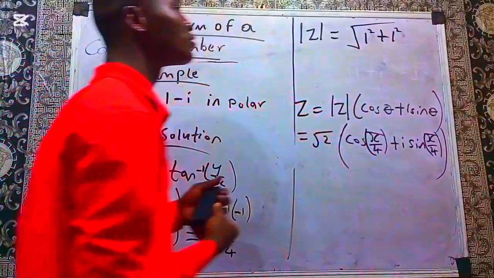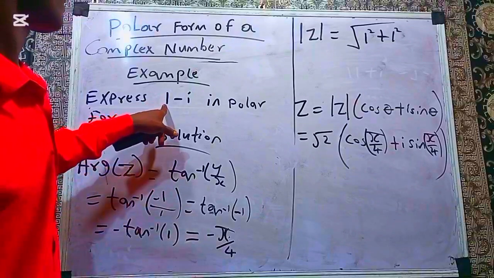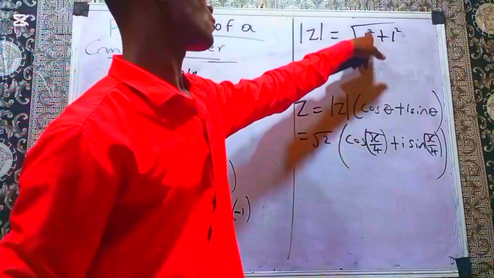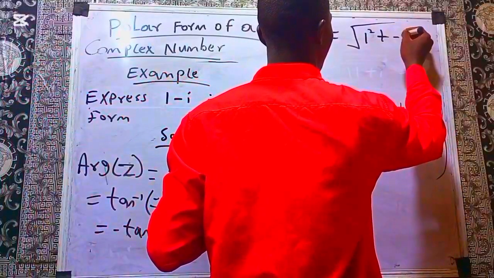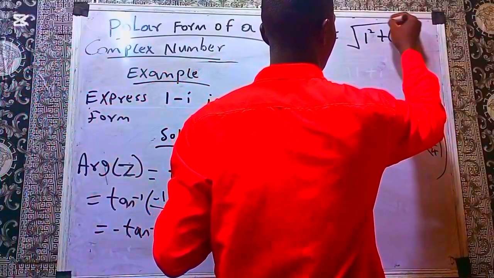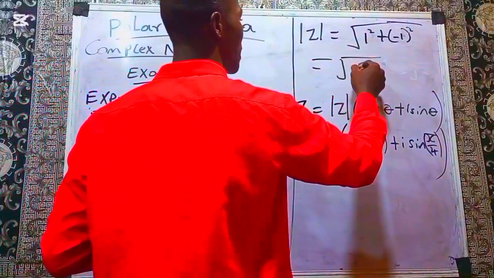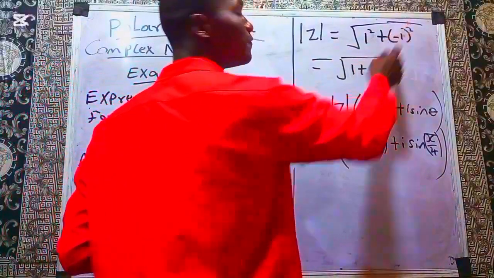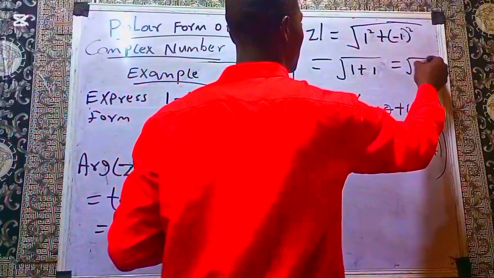Then what will be the modulus? The modulus is just the square root of the real part squared, that's 1 squared, plus the imaginary part squared, so we'll have negative 1 squared. That's square root of 1 squared, which is 1, plus negative 1 all squared, which is still 1. 1 plus 1 is 2.